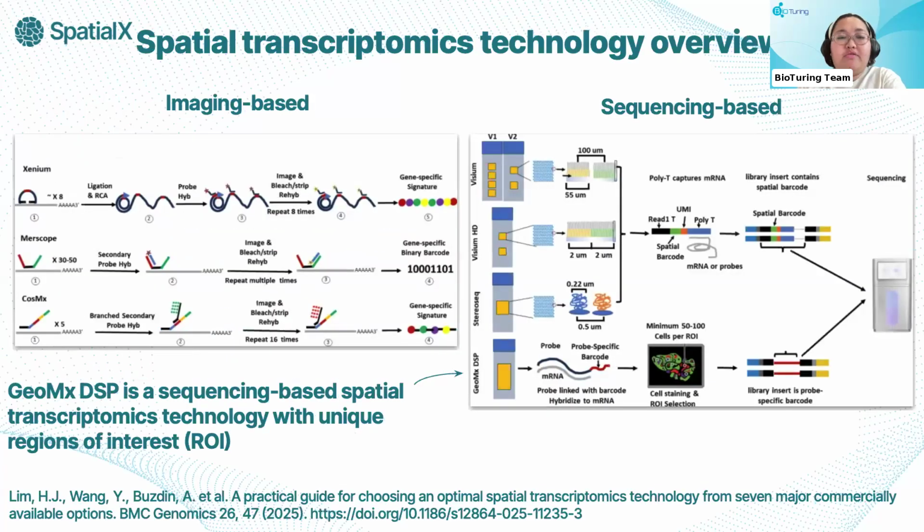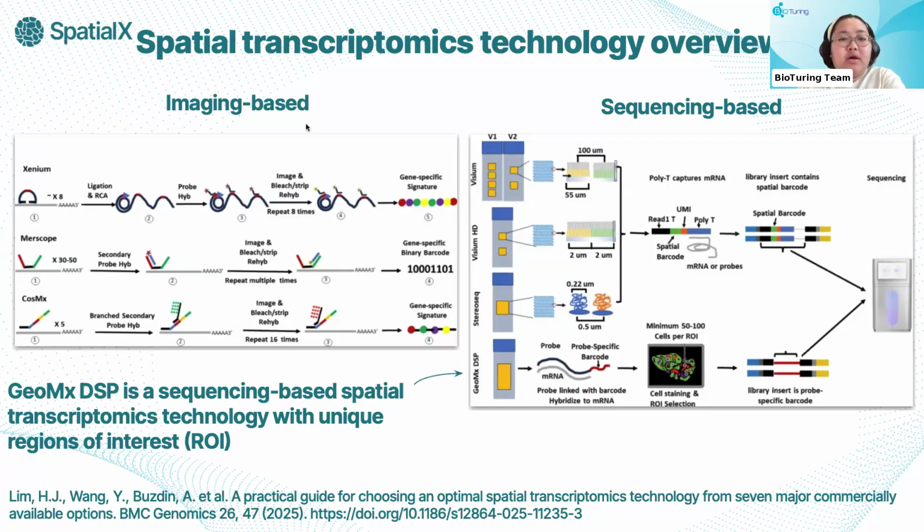Okay. So before we dive into the data itself, I would like to show you a quick overview of the spatial transcriptomics technology. As you may know, SpatialX is our platform to analyze different spatial transcriptomics technologies. Spatial transcriptomics technologies usually fall into two main categories, including imaging-based and sequencing-based.